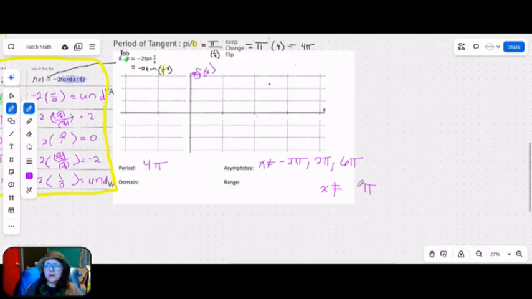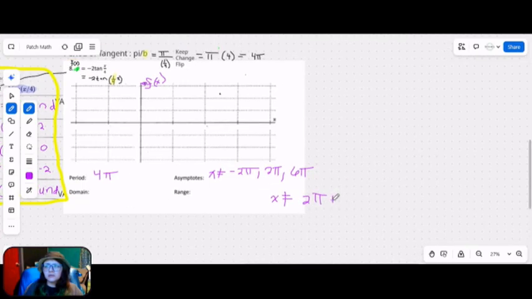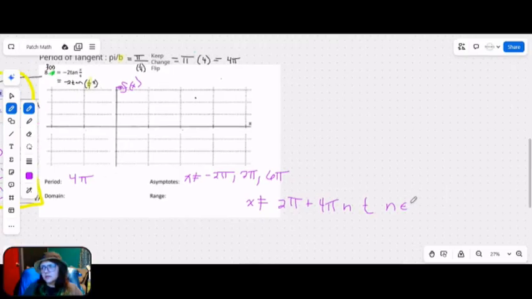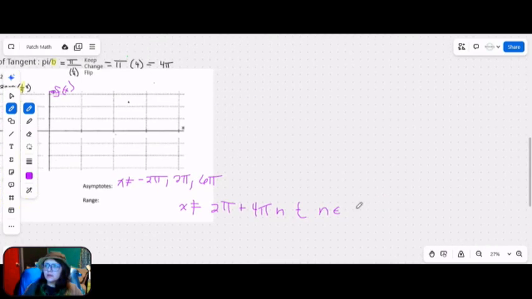So I'm going to use my 2 pi here as our basis, and it's going to be plus 4 pi n such that n is an element of the integers.